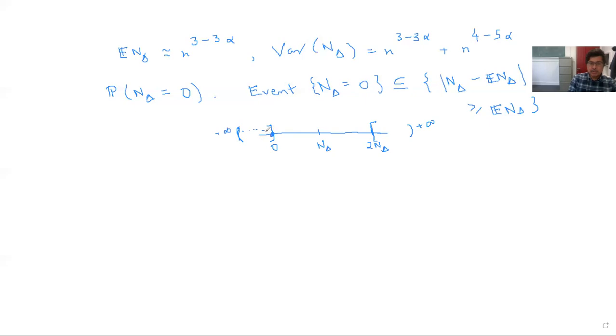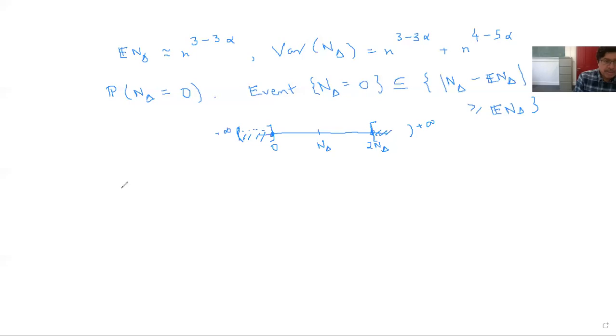Right, so if the actual number of triangles is either here, it can't be negative, so it's either 0 or it's at least as big as twice the mean. The union of those two events is exactly the event that the number of triangles deviates from its mean by at least the mean. And so the event that it's exactly 0 is a subset of this event. Okay.